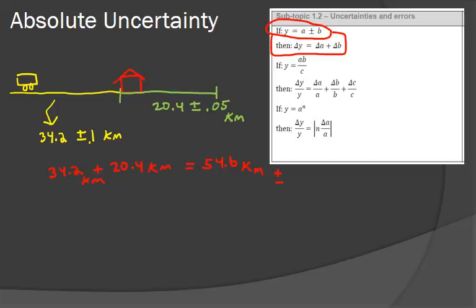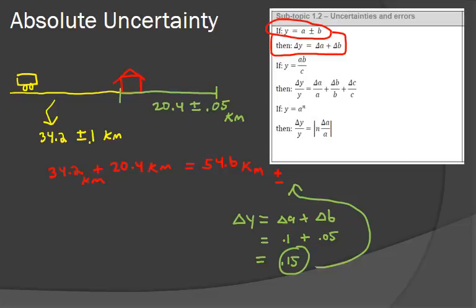And so what we do for uncertainties then, as you can see here, is we just add the uncertainties up. 0.1 plus 0.05, and that's our uncertainty, is 0.15. So it could be 0.15 further than 54.6 or 0.15 shorter. And that's our uncertainty range there for our addition.